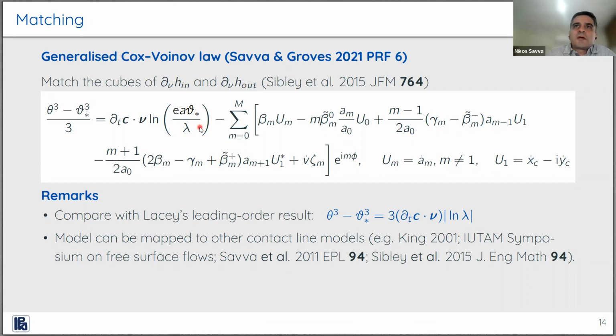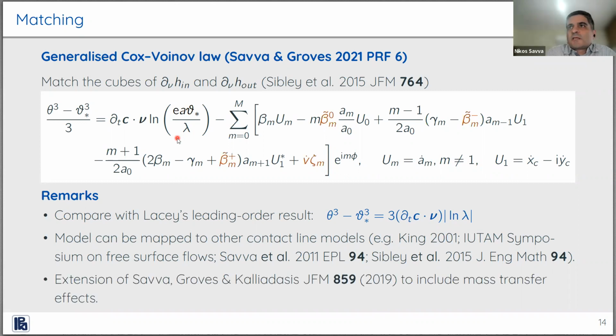And precisely this numerical multiple can be obtained through analysis in the limit of lambda and epsilon going to 0. I should note also that this extends the work that I have done in 2019 by adding these additional orange terms, which are a bit more difficult to compute, but these are able to capture effects of changing volume.